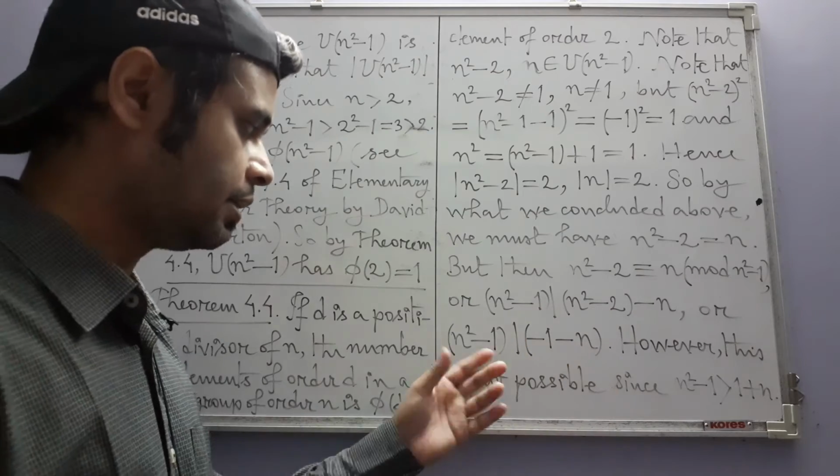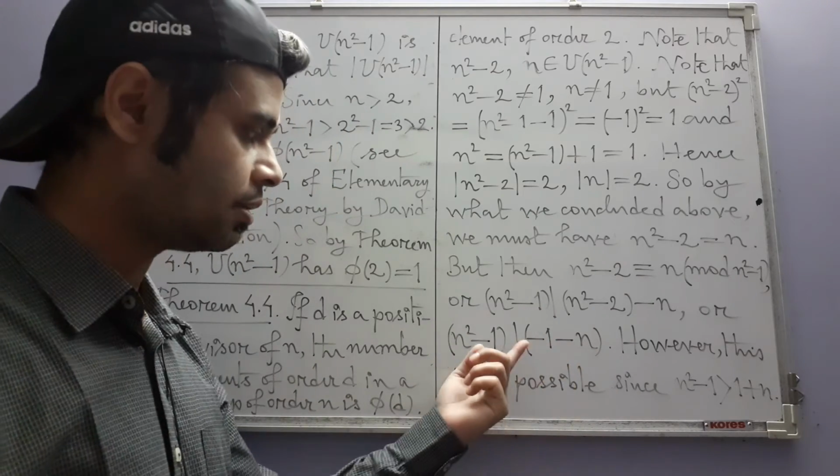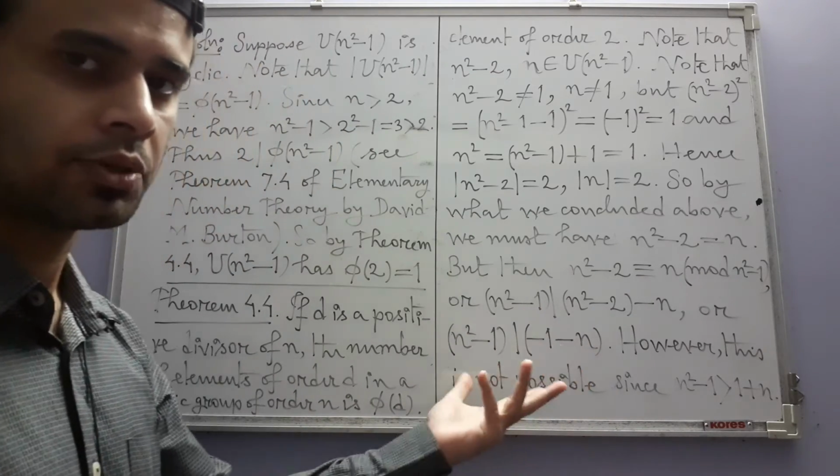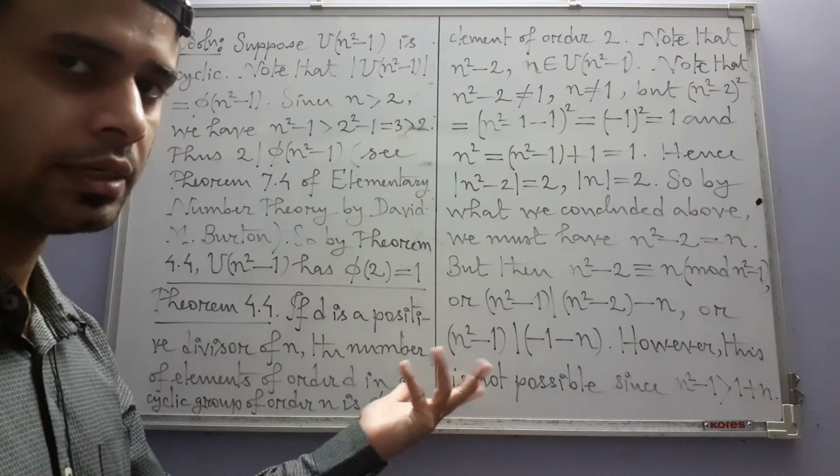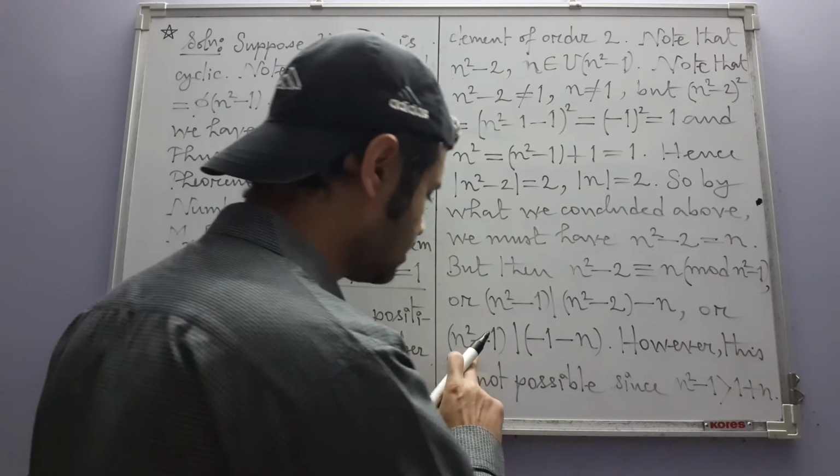Dividing this also means dividing its negative, from properties of ordinary divisibility in the ring of integers.